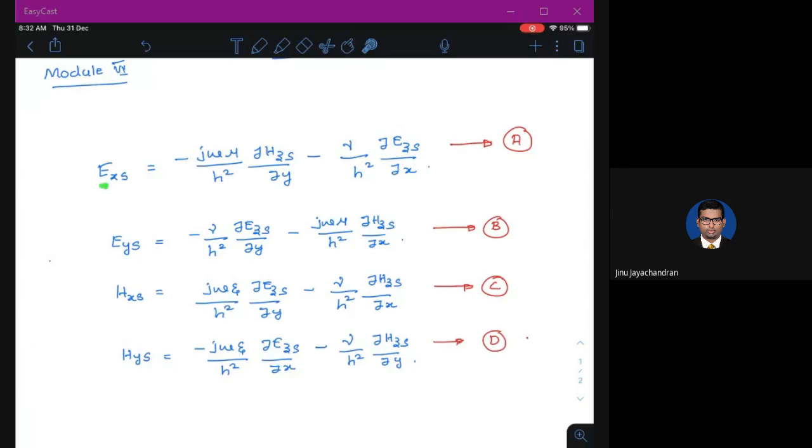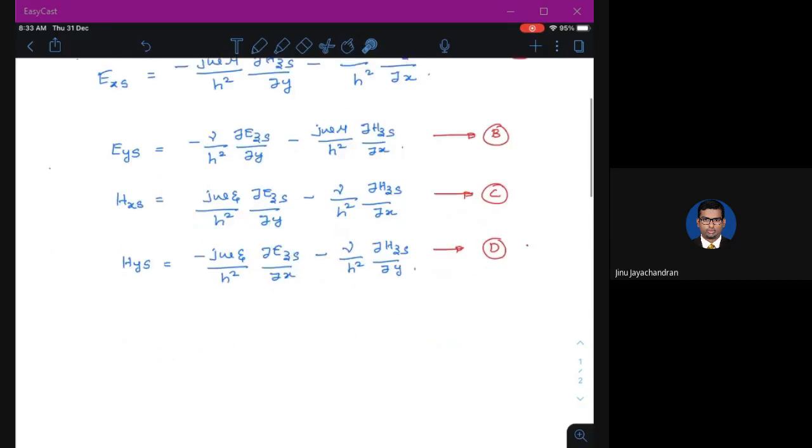And instead of Ex, you will have Ez. Instead of Hx, you will have Hz. So the most important component, when the electromagnetic wave is propagating, is the component of electric and magnetic field along the direction of propagation.